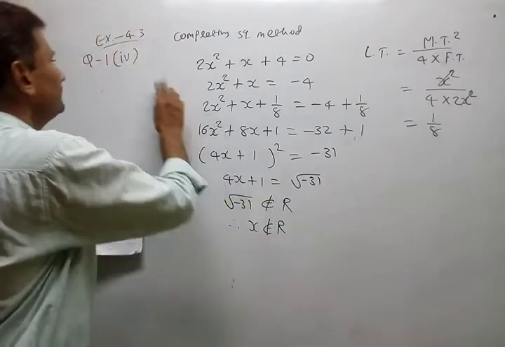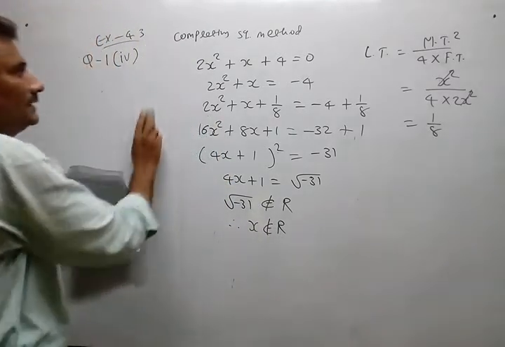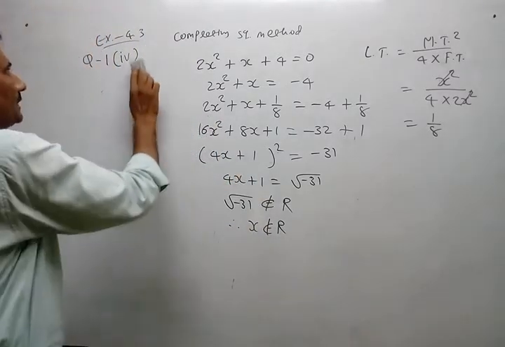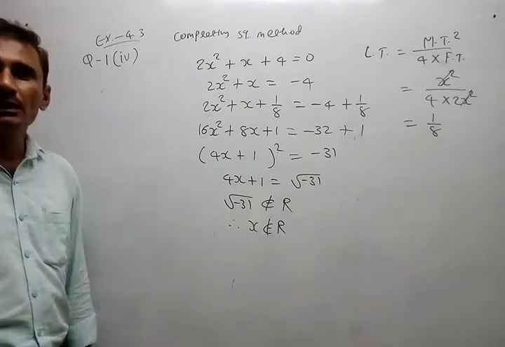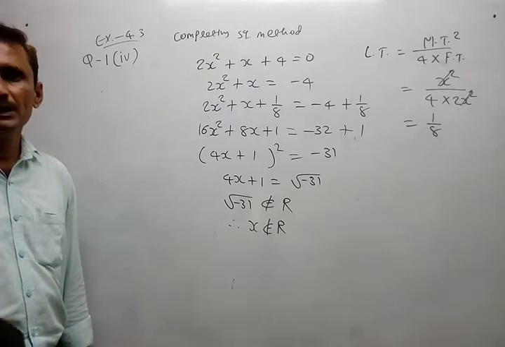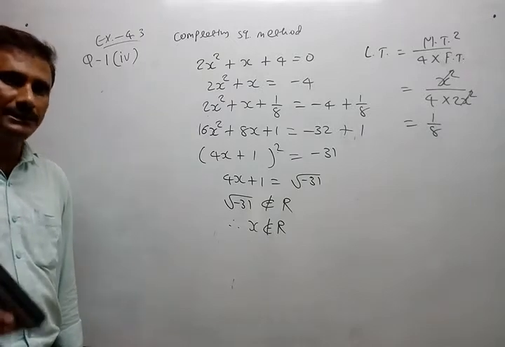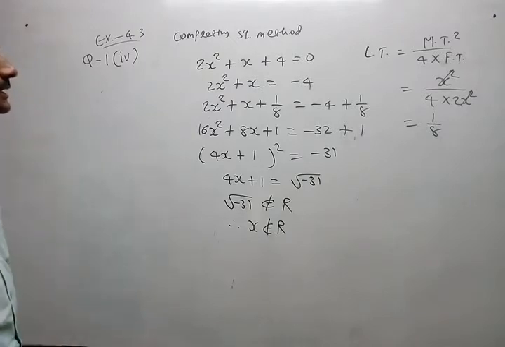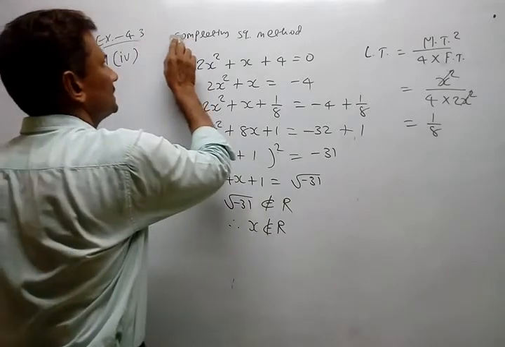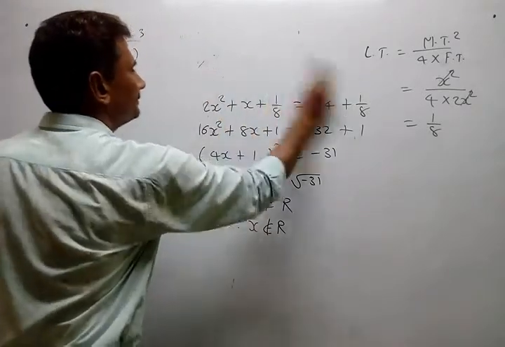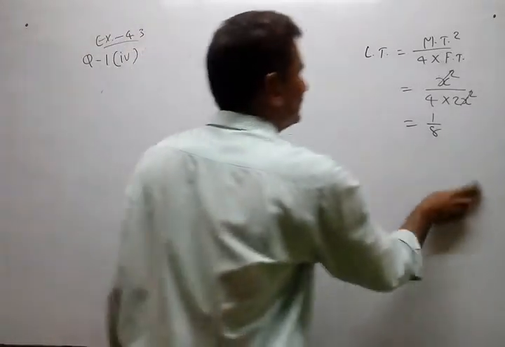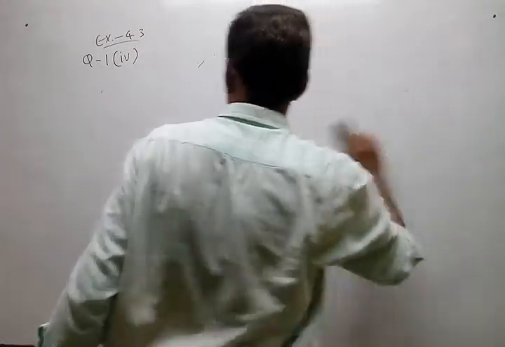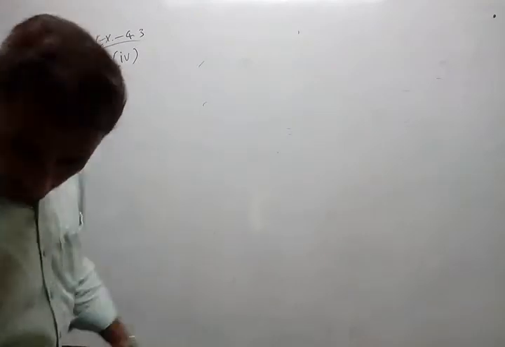So first of all, I just remove this, because again all 4 sums we have to solve by the quadratic formula method. Now this method is gone. It is quite similar to this, but based on a formula.